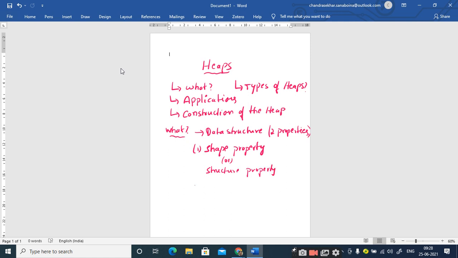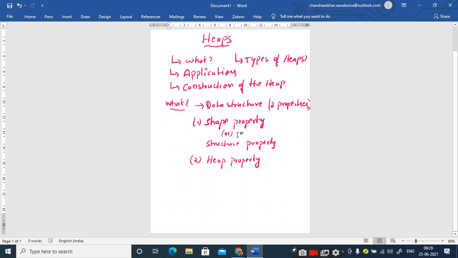And the second property that the heap must satisfy is the heap property. So if a binary tree satisfies these two properties, we call such data structures heaps. In order to make a heap, it should satisfy the shape property, or structure property, and it should also satisfy the heap property. We'll see what this shape property and this heap property are.